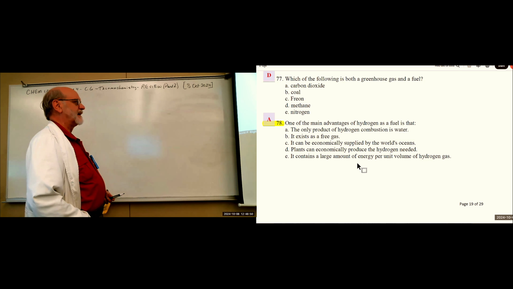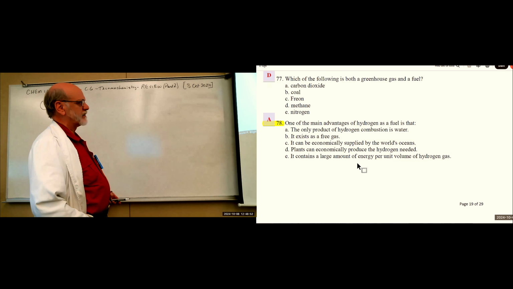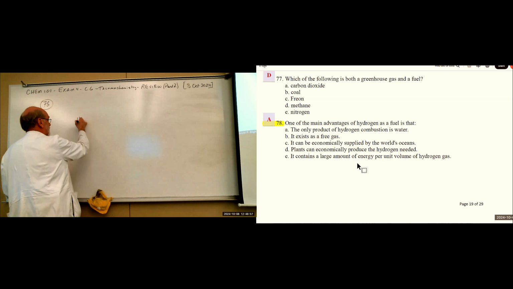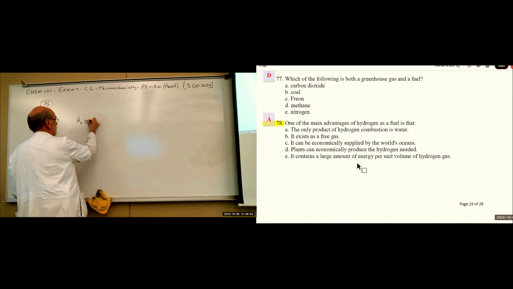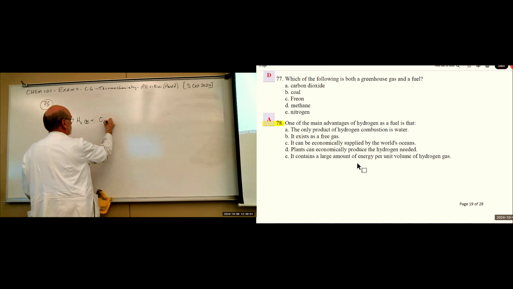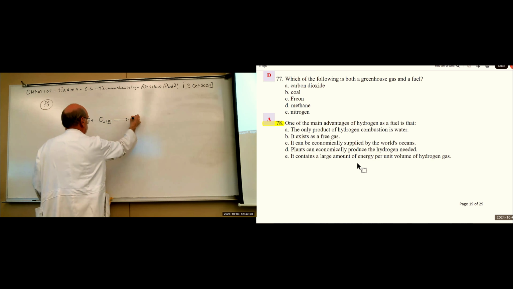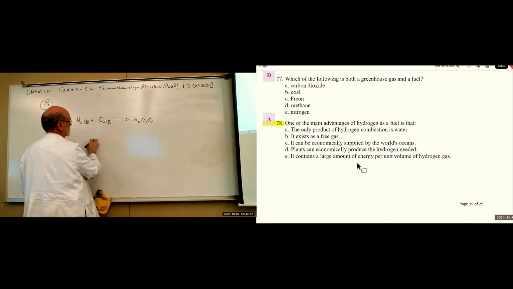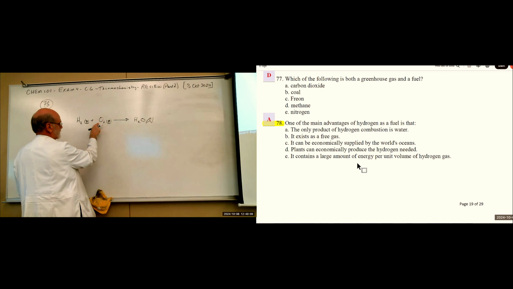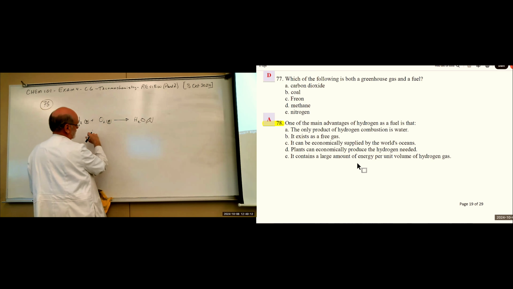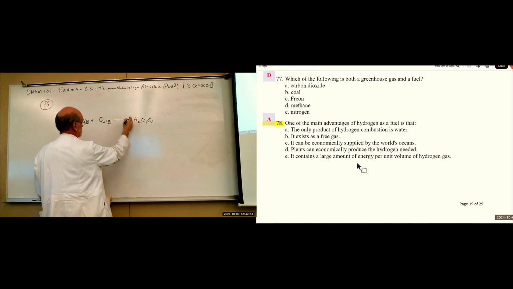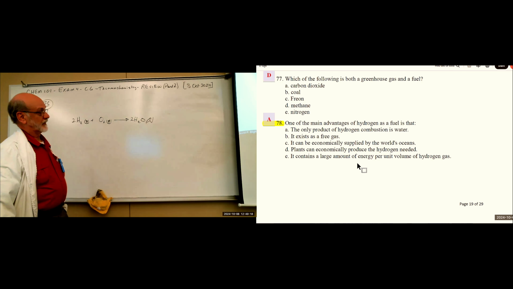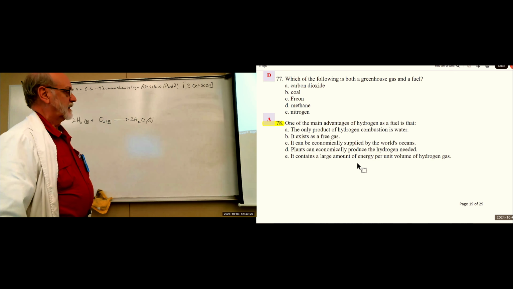So if we're looking for the main advantage, the only product of hydrogen combustion is water. That's true, right? Hydrogen gas plus oxygen from the air yields water under standard conditions. So we only need half of this one, or we can say, 2 here, 2 here. Right, A is a good answer.